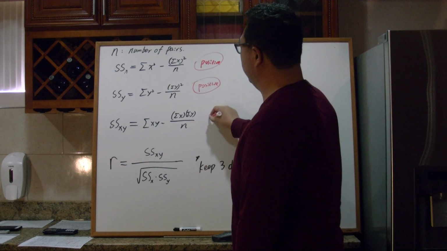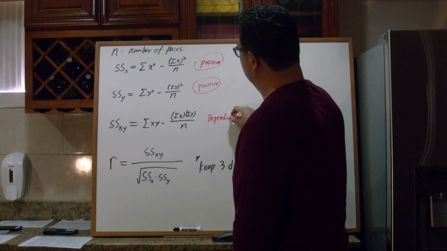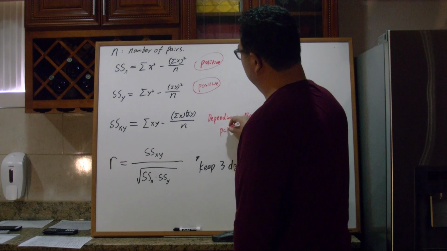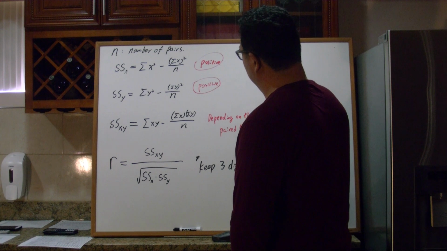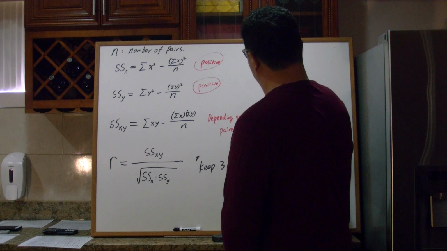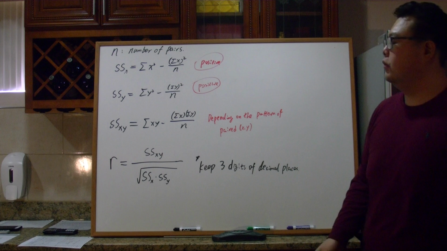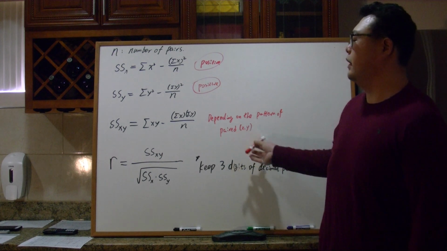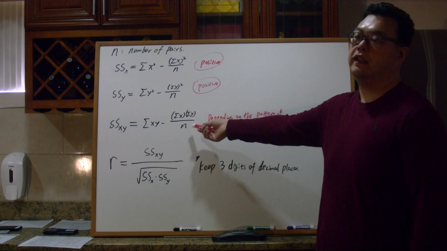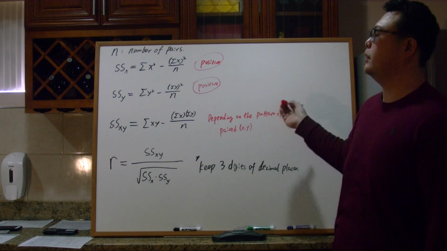The third one depends on the nature of the pattern of paired xy, which means if the pattern of xy after you draw it is increasing, the sum square error of xy, the interacting term, has to be positive.